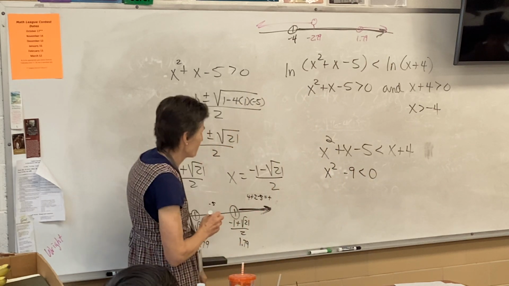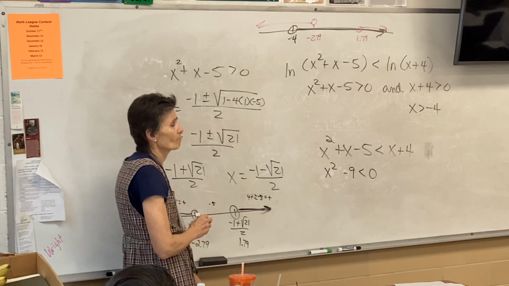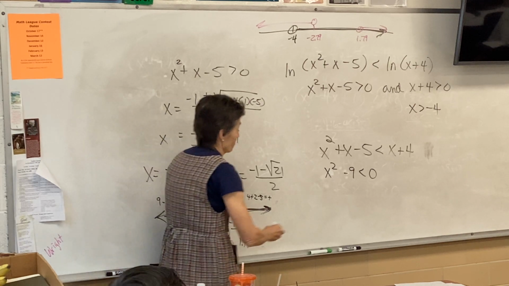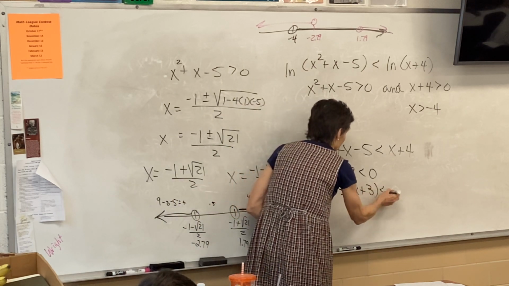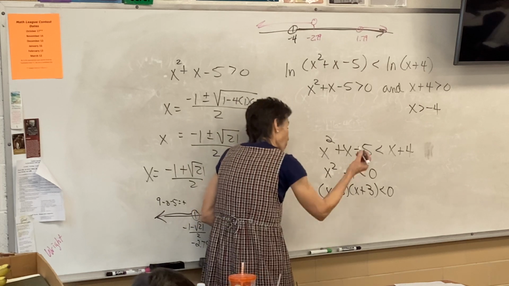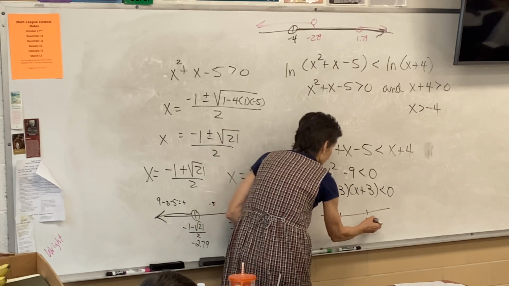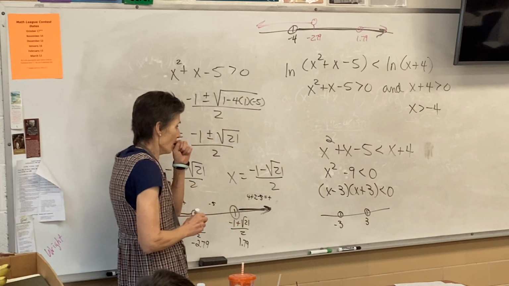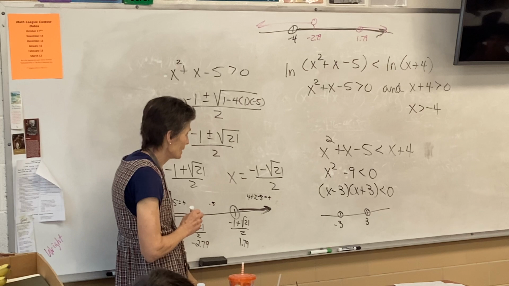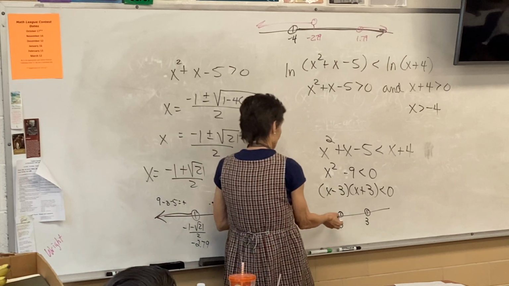Is that right? One more time. Got 3 and negative 3. Okay, so let's put in a negative 4.